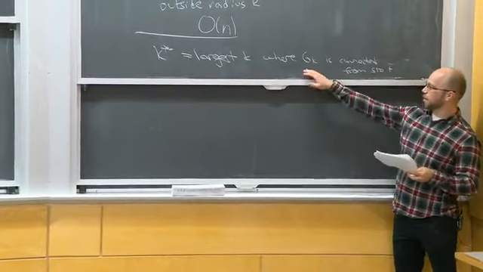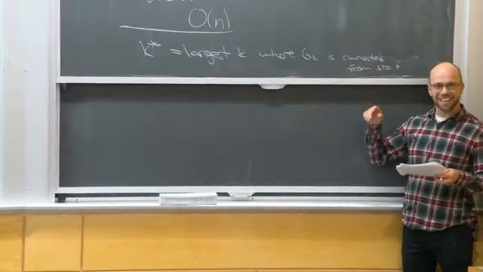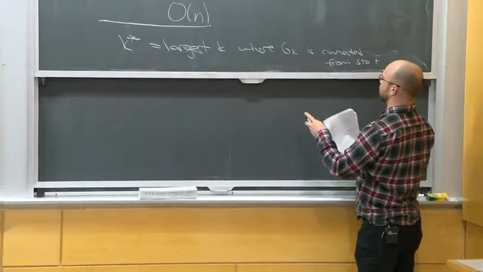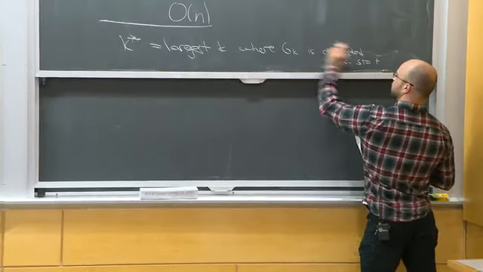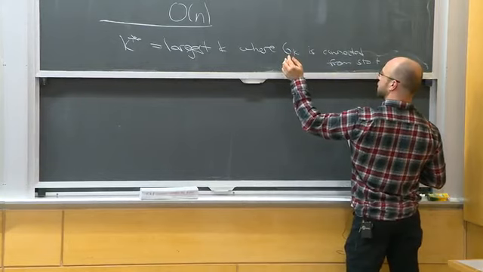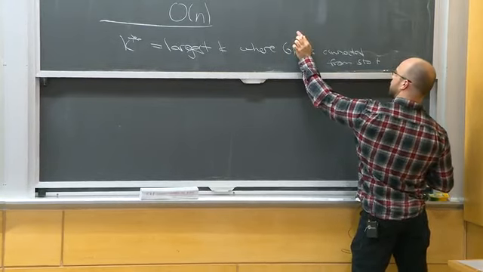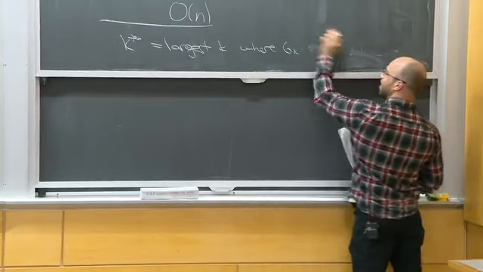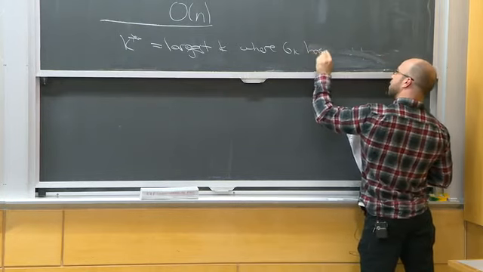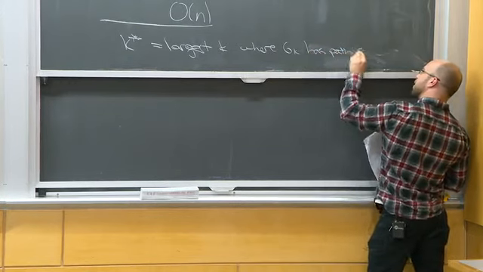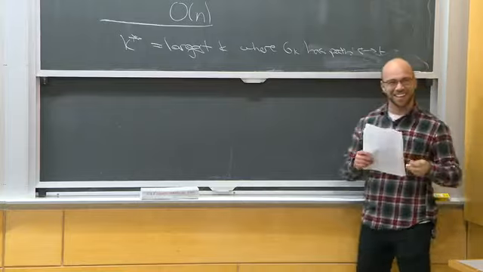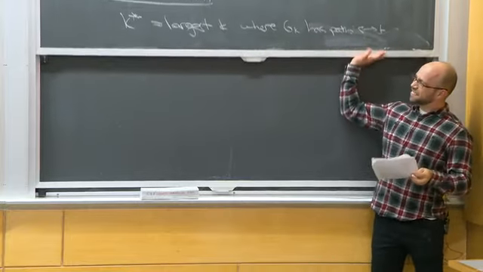Really, should say where there exists a path from S to T in GK. I've just phrased this in a funny way, where GK has a path from S to T. There we go.